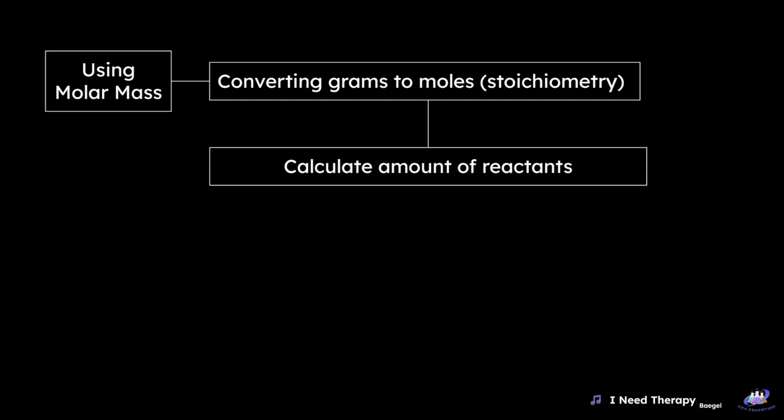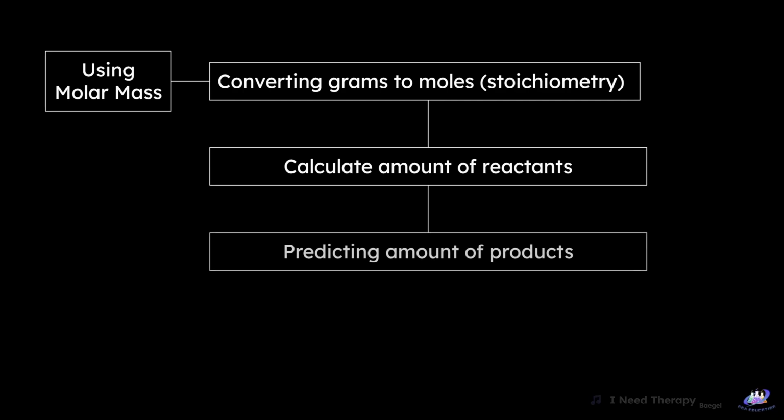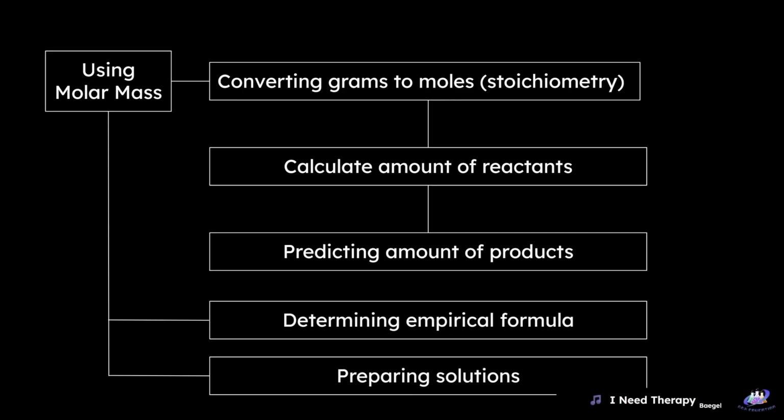Well, whenever we're attempting to calculate the amount of reactants that are involved in a reaction, or if we're attempting to predict the amount of products that are produced in that reaction. We can also use the molar mass when we are trying to determine the empirical formula of a substance, and also when we're attempting to prepare solutions in the lab.